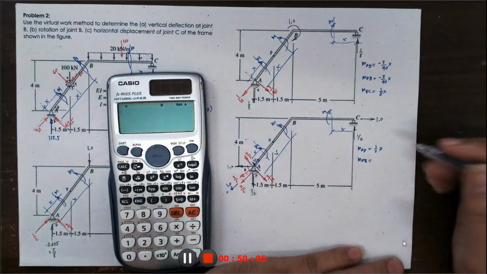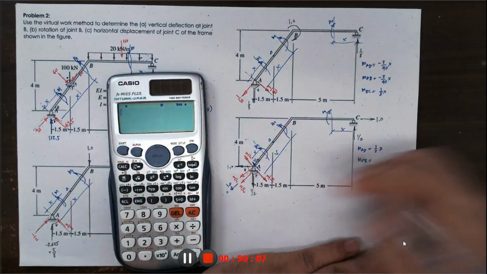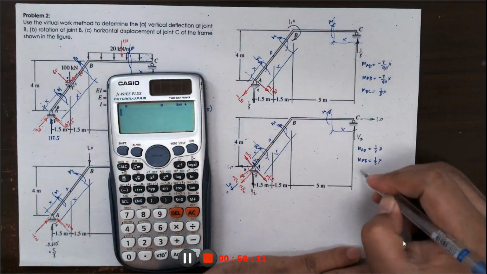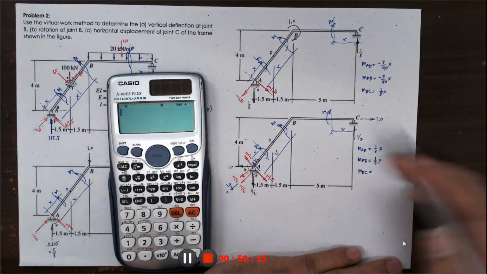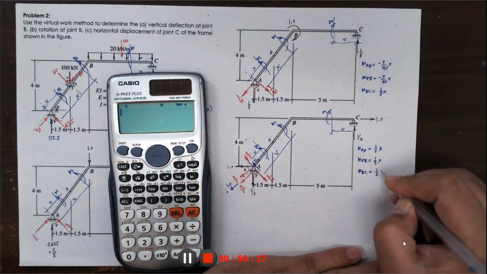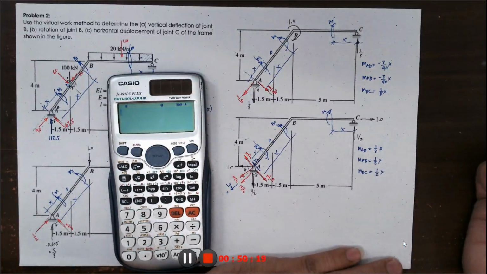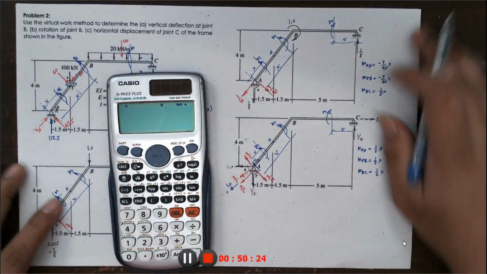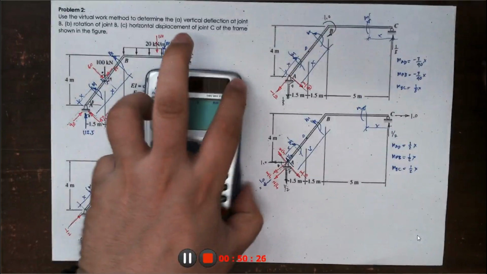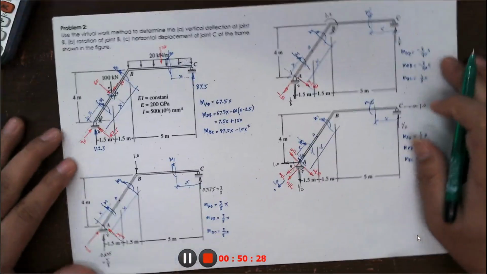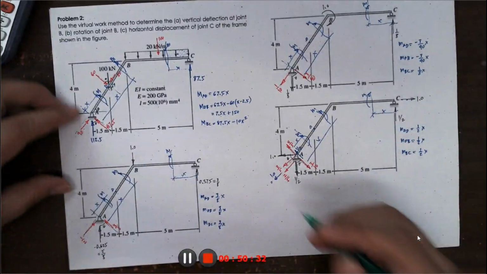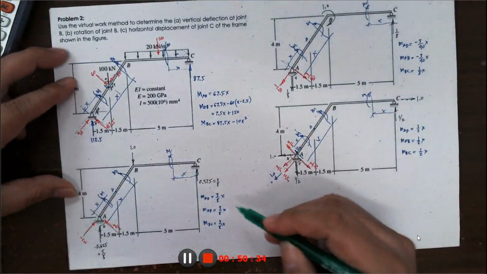Now, MDB 1/2 x sa hapon, and then MBC this one 1/2 x hapon. Okay, wala man. Okay na. So we are now ready to use virtual work na equation. Sige.